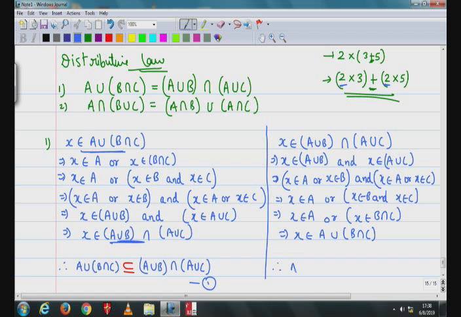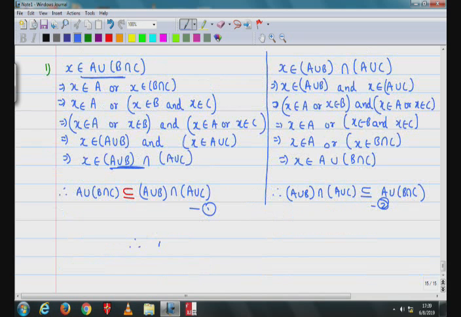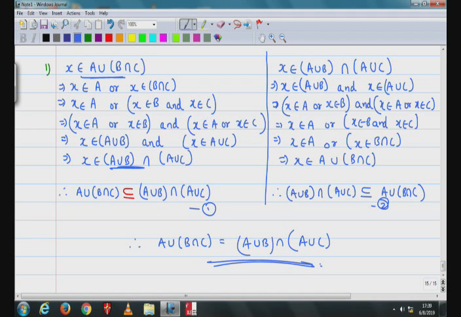Therefore (A union B) intersection (A union C) is a subset of A union (B intersection C). So now from first and second, we can say that both of them are equal. Therefore, A union (B intersection C) is (A union B) intersection (A union C). This is the way in which we can prove.